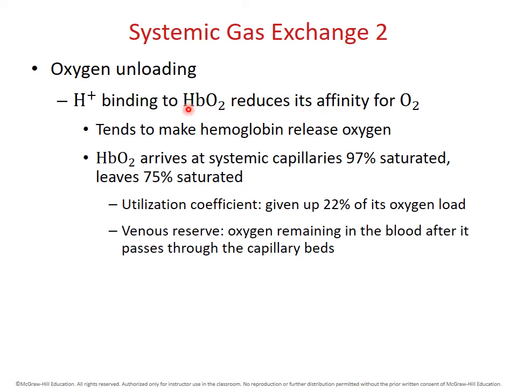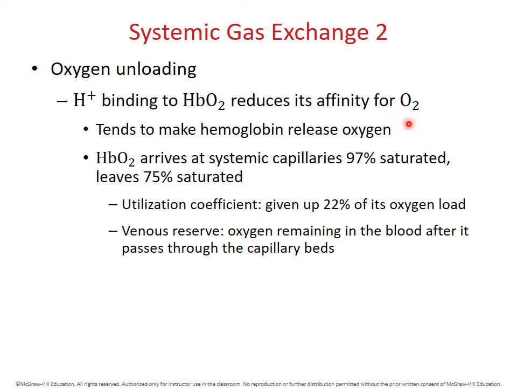So one of the reasons why hemoglobin starts releasing its 22% of its oxygen when it arrives at the tissues is because the increase in CO2 causes an increase in hydrogen ions inside the erythrocyte, and that is what destabilizes the hemoglobin and starts causing it to release its 22% of its oxygen. And so as these hemoglobin molecules release the oxygen, of course, they become the deoxyhemoglobin that is then very good at picking up these hydrogen ions and buffering the internal status of the erythrocyte.